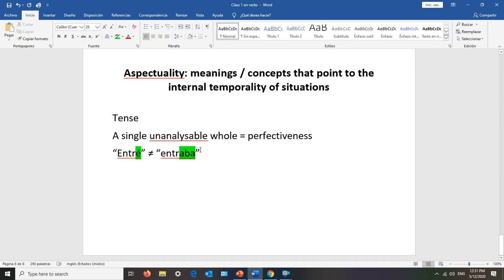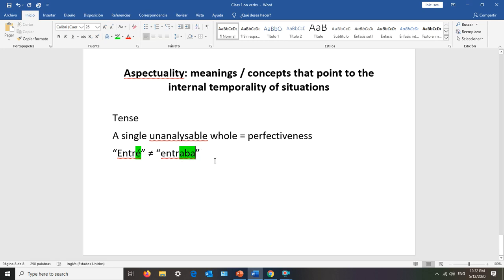So here with entraba, there's specific reference to the internal temporal constituency of the situation. There's an internal portion. I'm reading from page 4 in Conry's chapter. There is an internal portion of John's reading, while there's no explicit reference to the beginning or to the end of his reading, or to someone's entering somewhere.